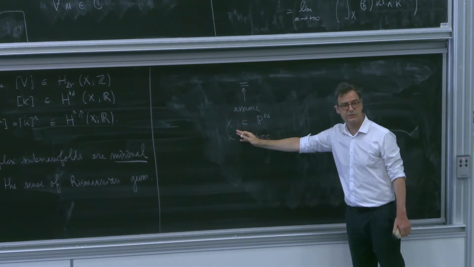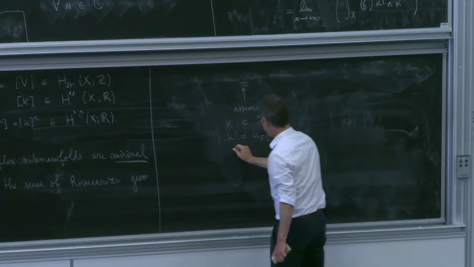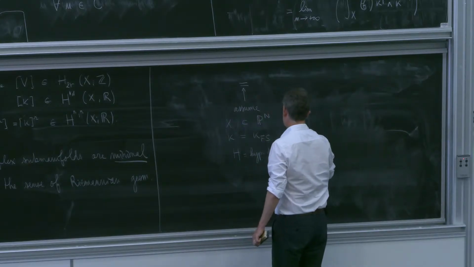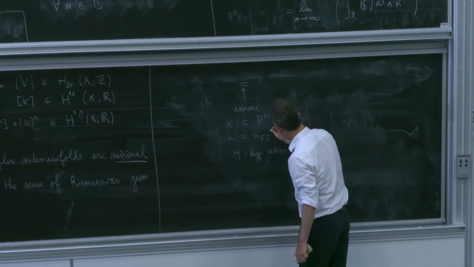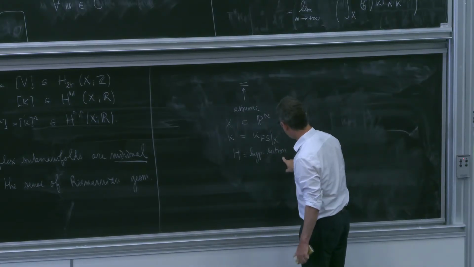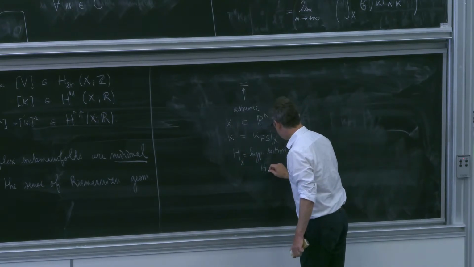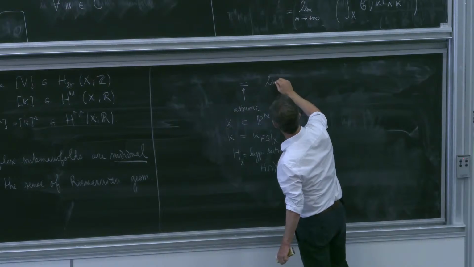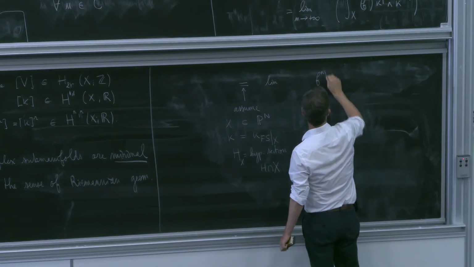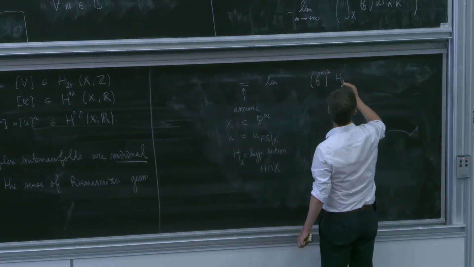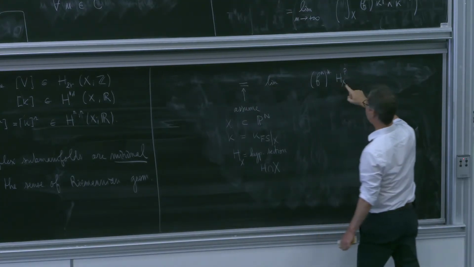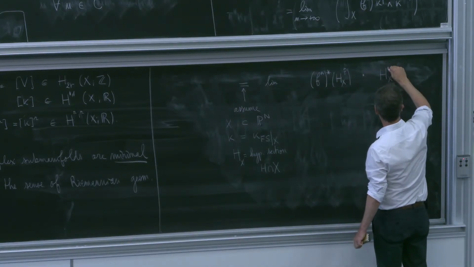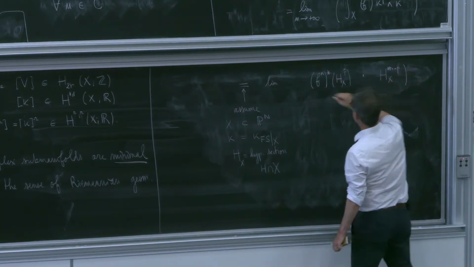So H is a hyperplane section, kappa is Fubini-Study on P^N restricted to X, and H_X is H intersected with X. And then what you get is the limit of (F^n)star of H_X to the p, so you take it p times, intersected with H_X to the m minus p, to the power 1 over n.